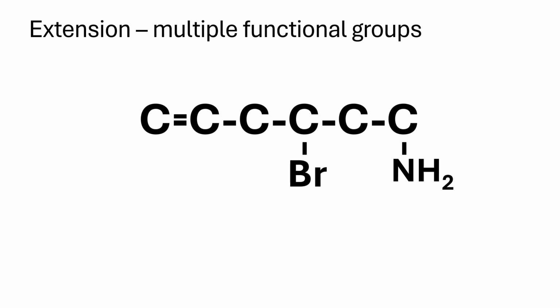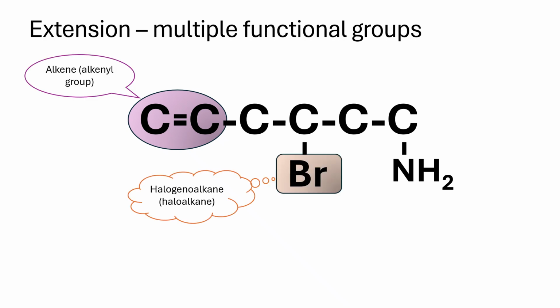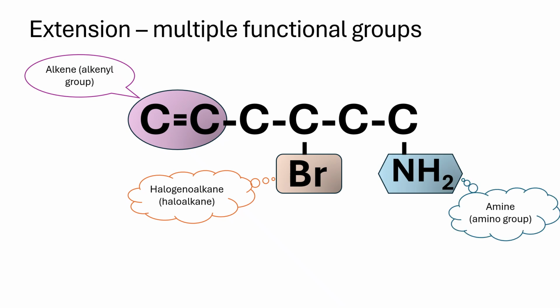So you don't have to know all the functional groups yet, but I'm just showing you there's an alkene, called alkenyl group, and there's a bromine which belongs to halogenoalkane because bromine is a halogen, and if you're taking another system it might be called haloalkanes as well. And there's an amine group which is also referred to as amino group, so prioritizing the C=C double bond over halogenoalkane and amine, we need to number them closer to the side that has the C=C double bond.